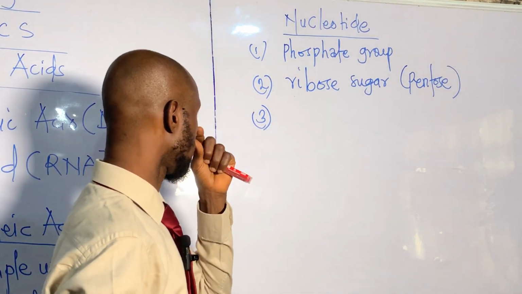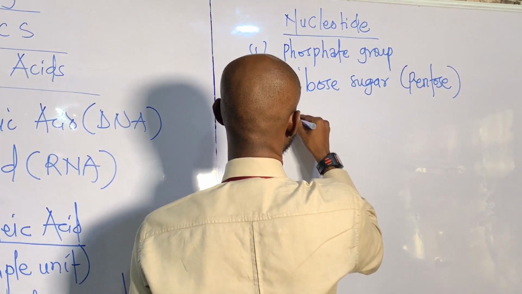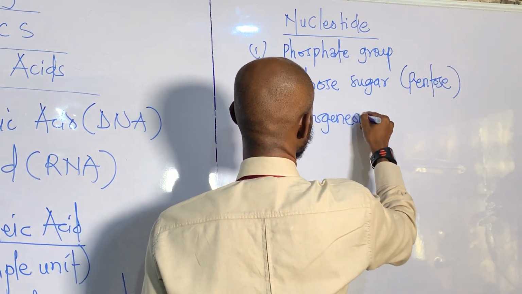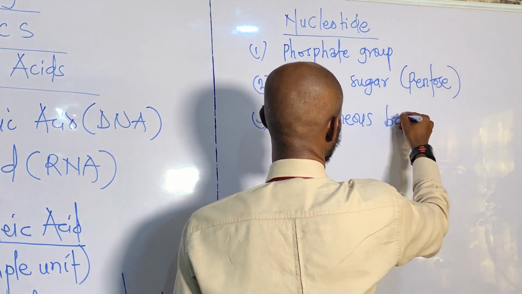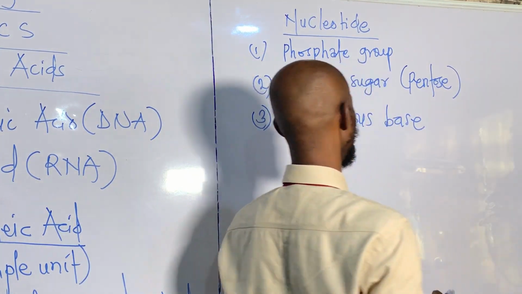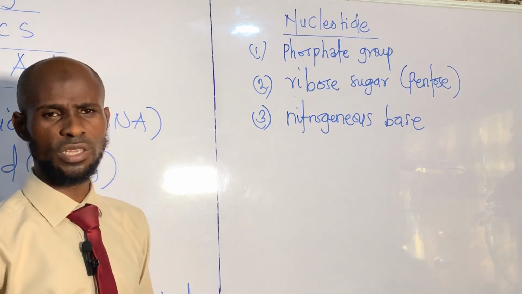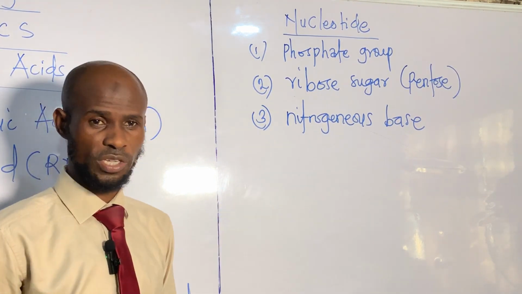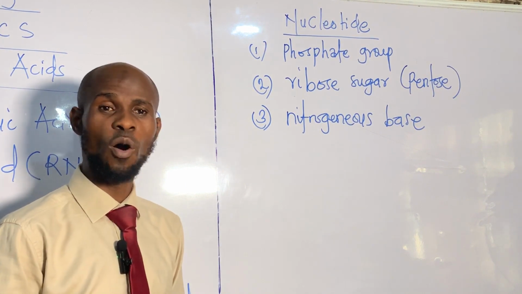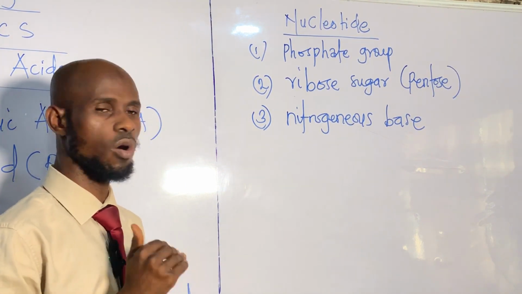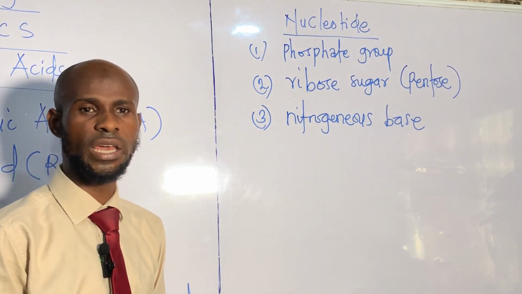Then the next one is the nitrogenous base. Somebody will ask, why do we have all this? We have all this in past questions, either in JAMB or in WAEC. So you cannot escape it if you're going to have questions on nucleic acid, either DNA or RNA.